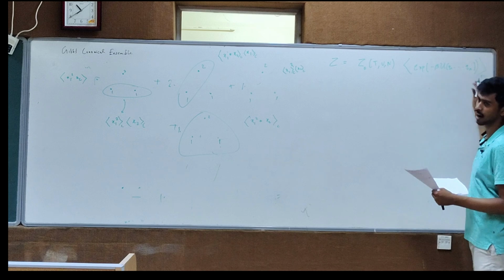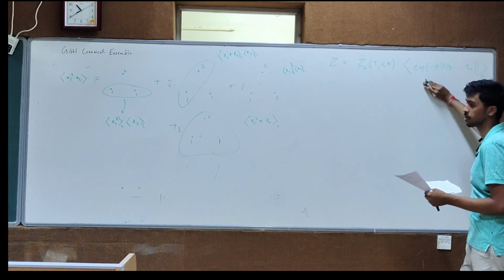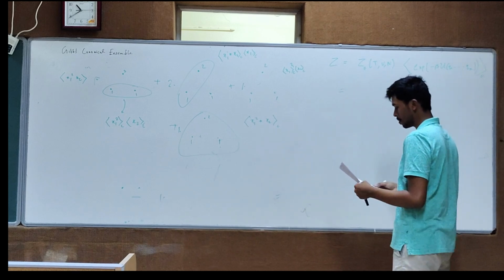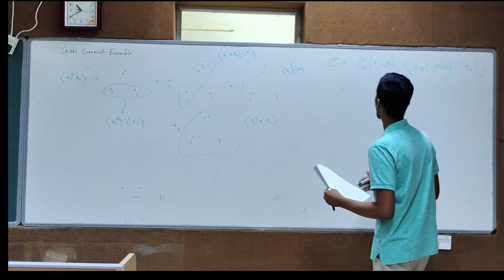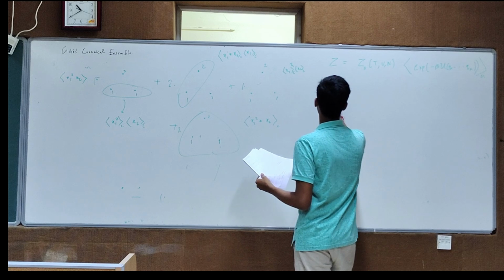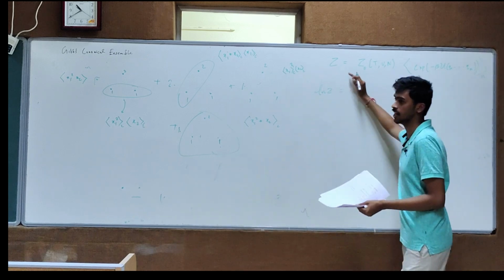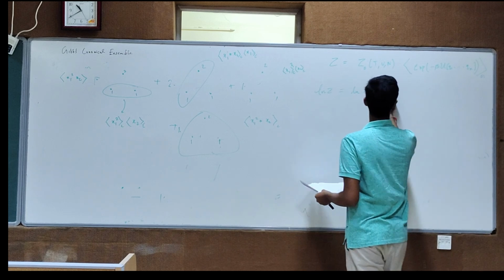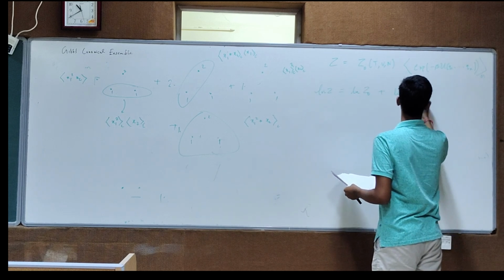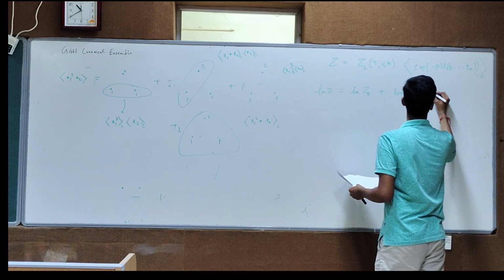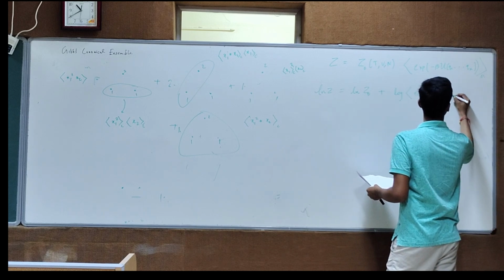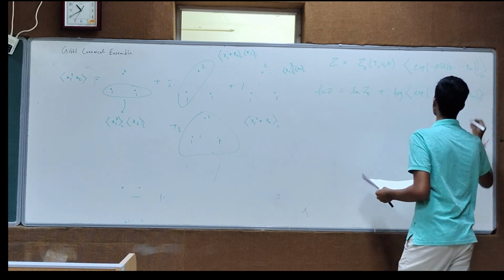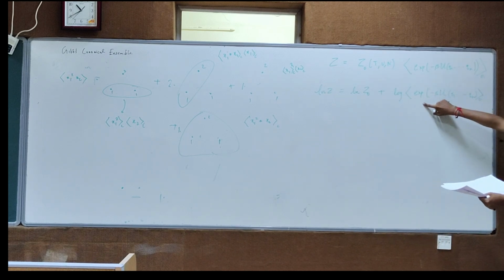So now you can expand this exponential, and if you remember the... or let's take z, log of z. So this is the free energy, right? And so this is equal to log of z naught plus log of... So what does this look like?